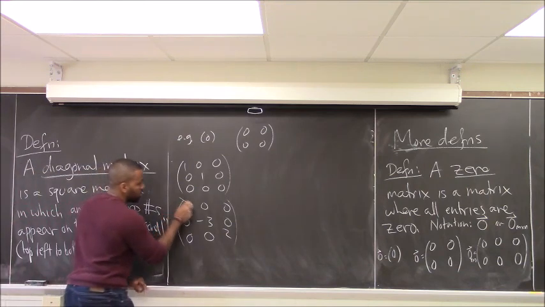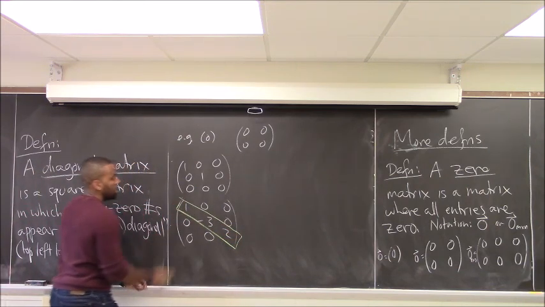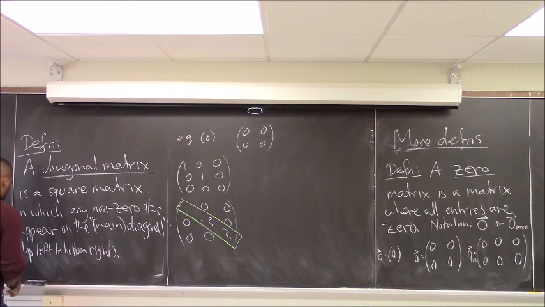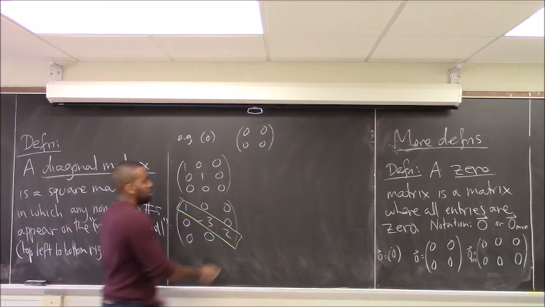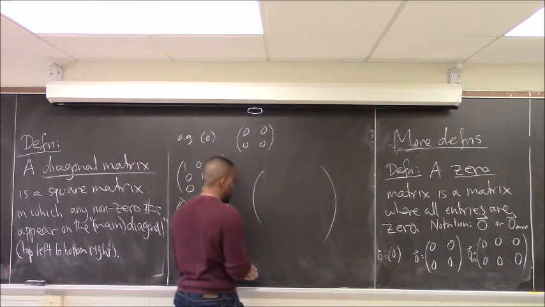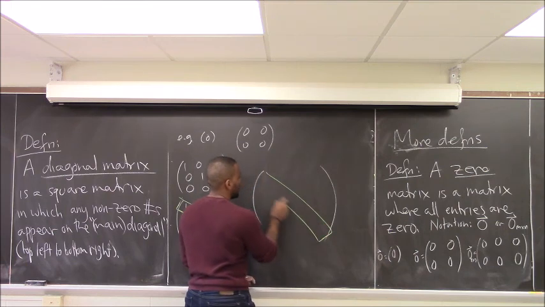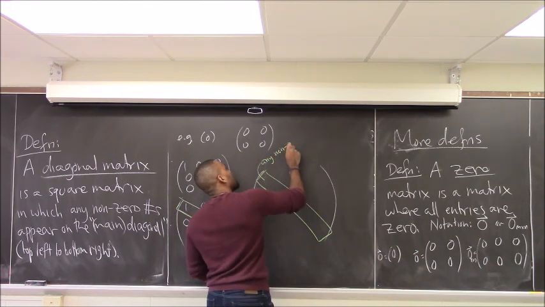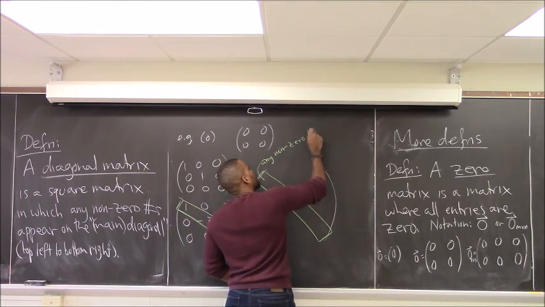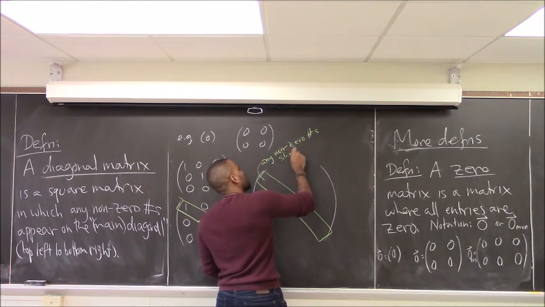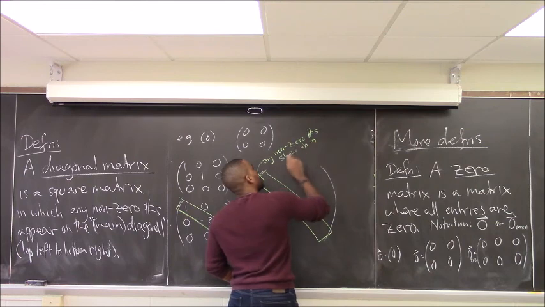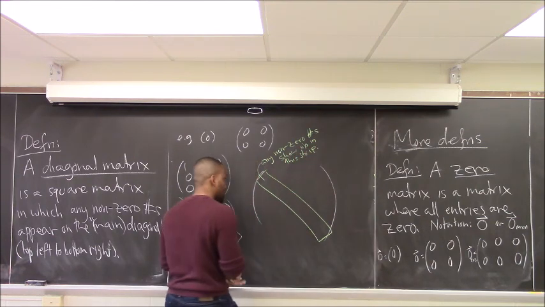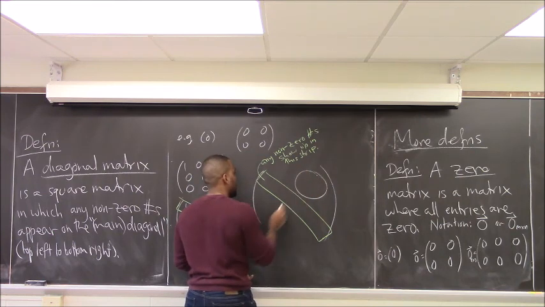Notice there's the diagonal running from the top left to bottom right. Basically, you would have a matrix where on that strip, any non-zero numbers show up here, which means there are zeros literally everywhere else.